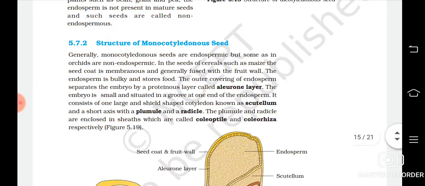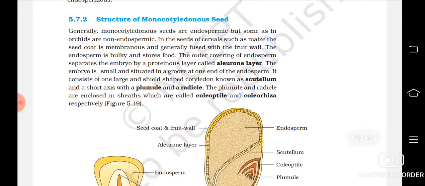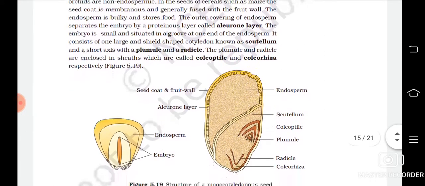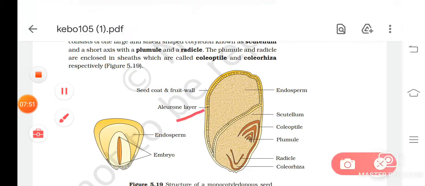And you can see the outer covering of the endosperm that separates the embryo by a proteinaceous layer, and that layer is known as aleurone layer. Okay, so there will be an aleurone layer. Can you see here? This is the aleurone layer. What is the function of it?